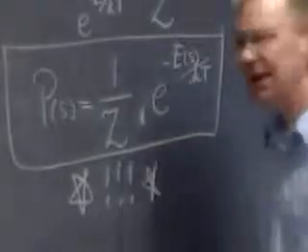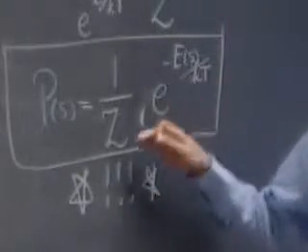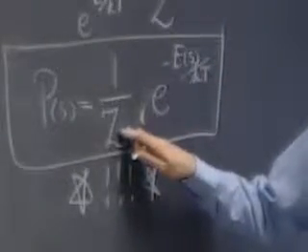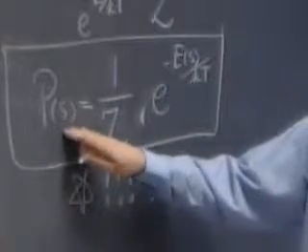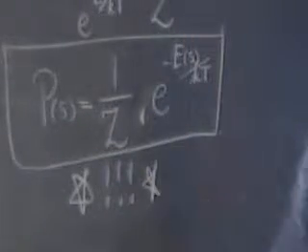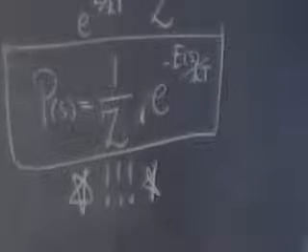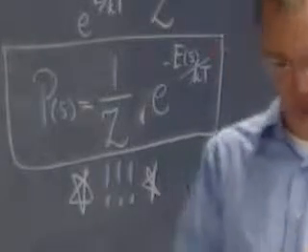Very, very important. Because if you know about the structure of the system and can find the partition function, you will know the probability of the system being in any microstate. And those probabilities determine a lot about how the thing works.